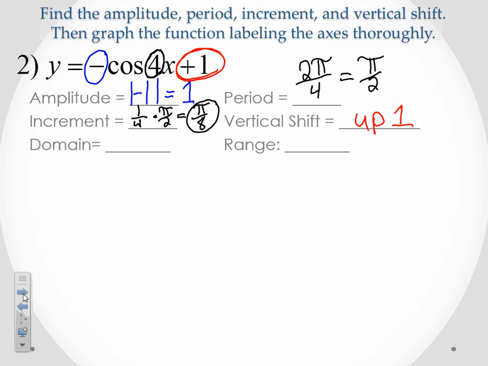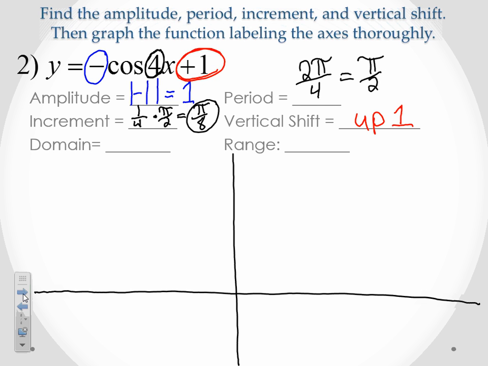Now I know that I'm going up, so now my x-axis I'm going to make a little bit lower than usual. Create my y-axis. I'm going to be counting by pi over 8, 4 on each side.